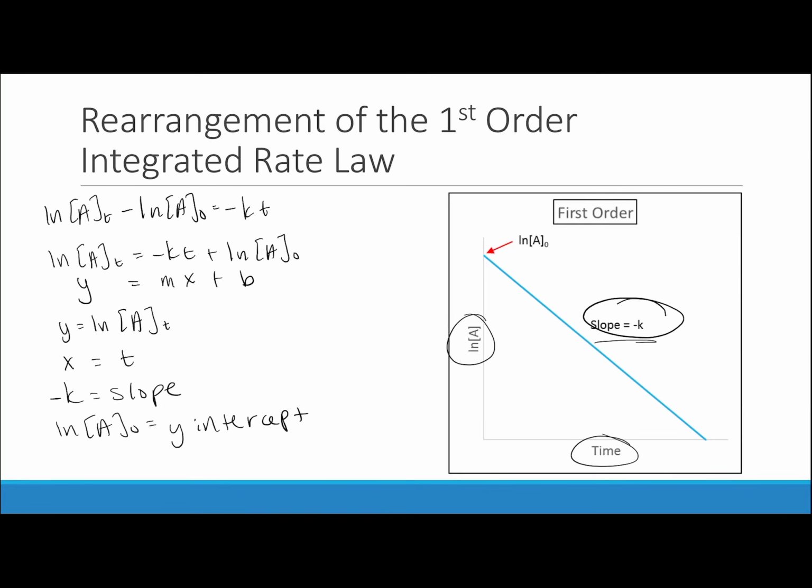Another thing I want you to note is that if you do ln A_t versus t, and you have a linear plot, then you have a first order process. So only first order processes will have a linear relationship between ln A versus time. Okay?